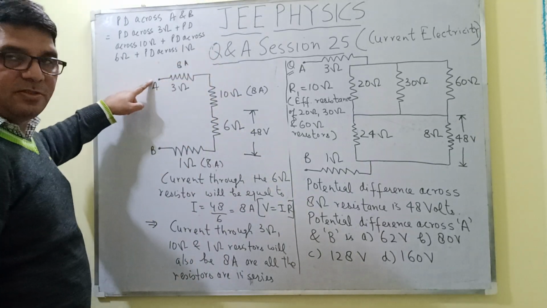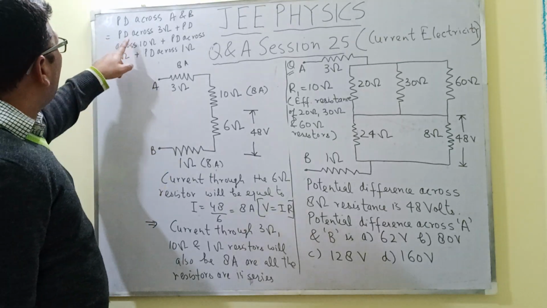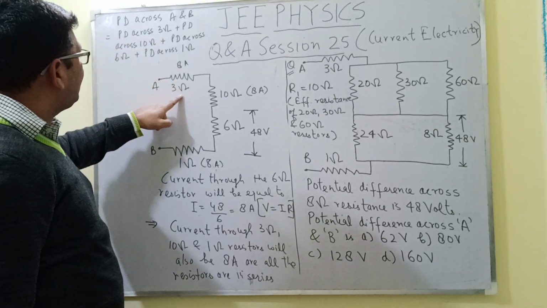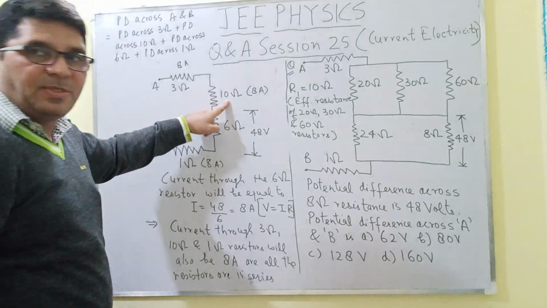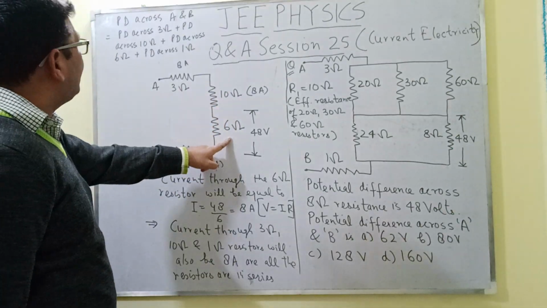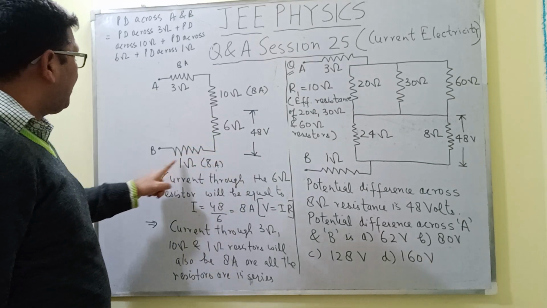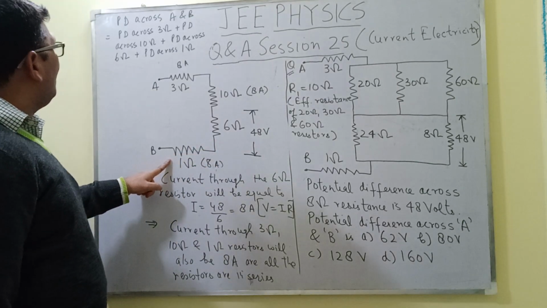So the potential difference across A and B will be equal to the potential difference across this resistor, that is the 3 ohm resistor, the potential difference across this 10 ohm resistor, the potential difference across this 6 ohm resistor, and the potential difference across this 1 ohm resistor.